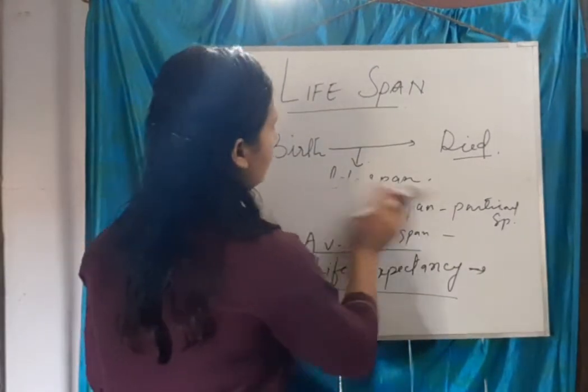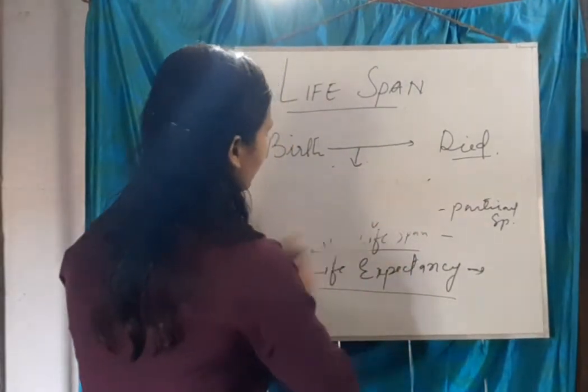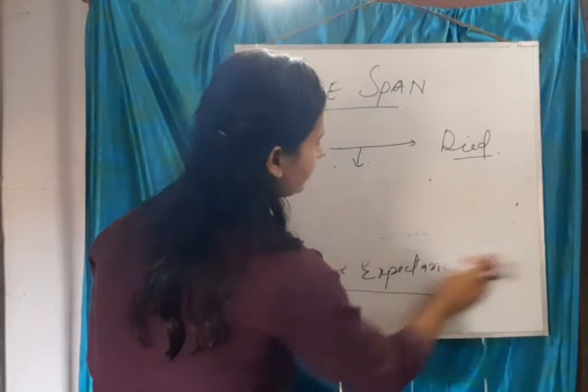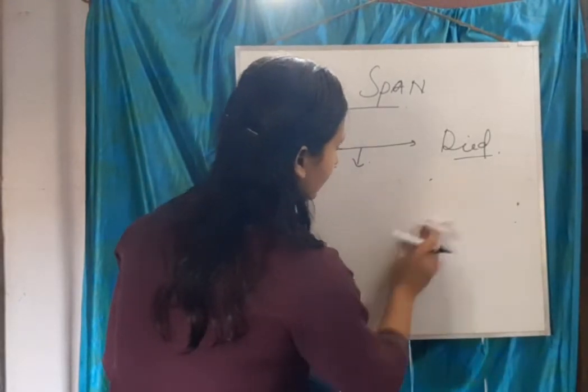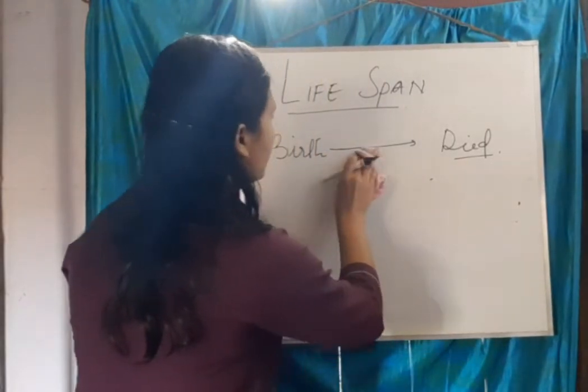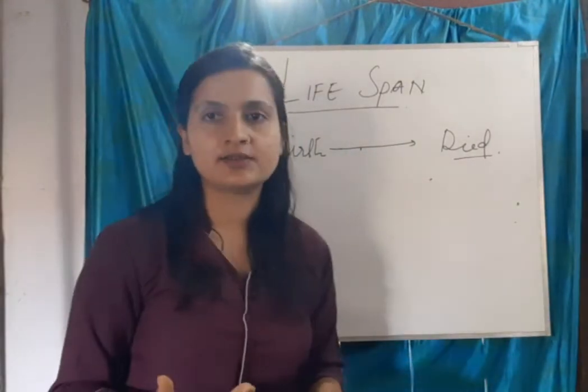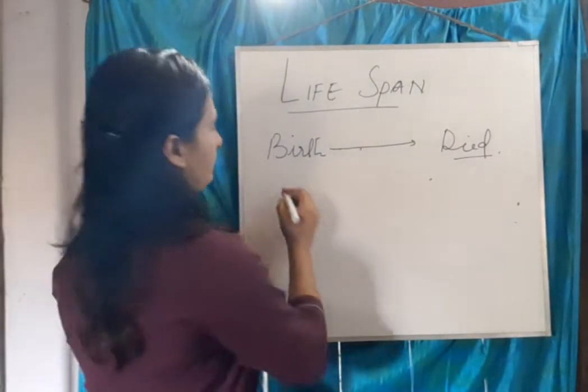Now moving to the next. So here you learned what lifespan is and the different types of lifespan. Now there are different stages. There are 4 stages of lifespan.